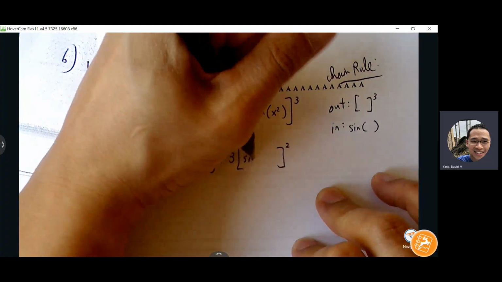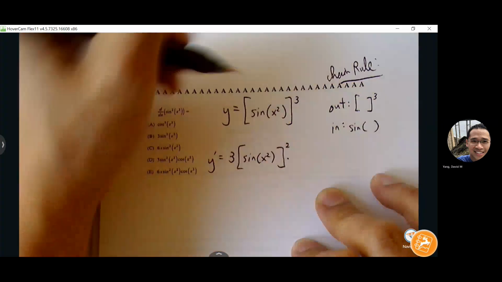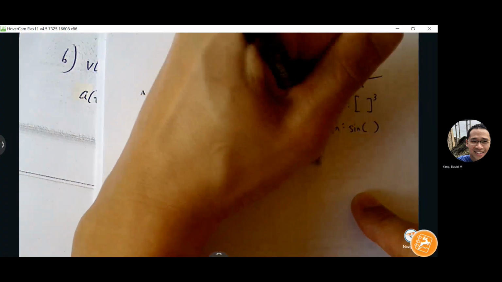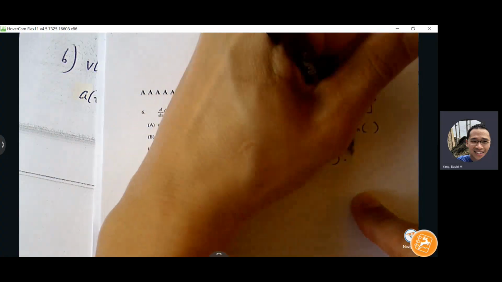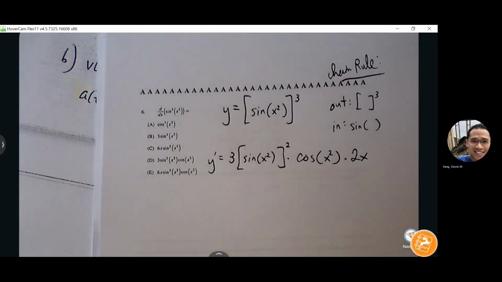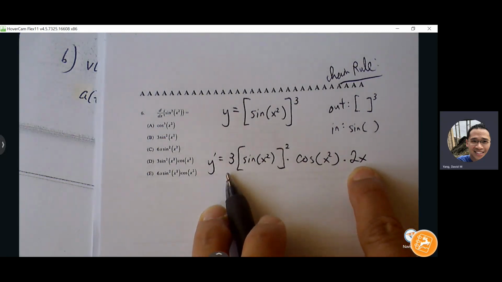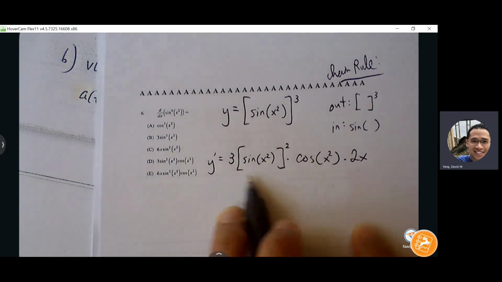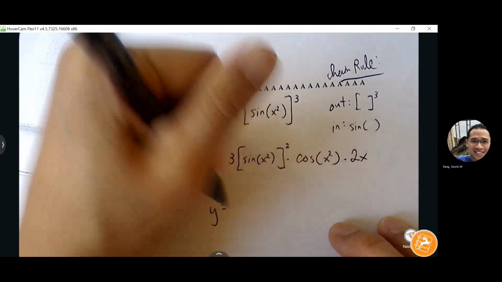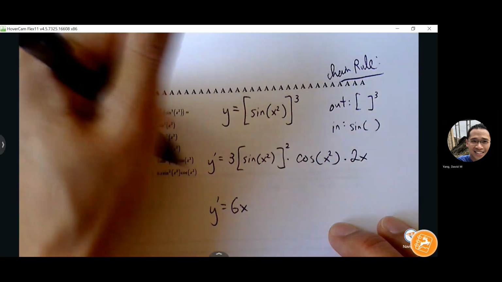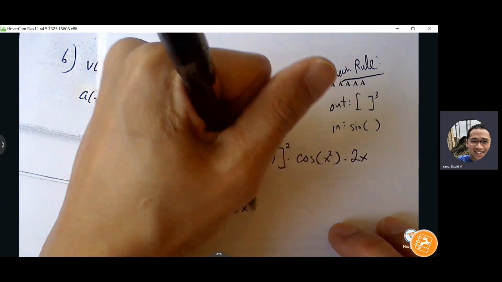Keep the inside alone. Sine of u becomes cosine of u times u prime. Clean this up here. 3 and 2 can multiply together to be 6x. What they did was they brought the 2 back in shorthand form.